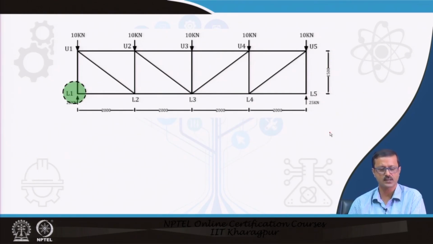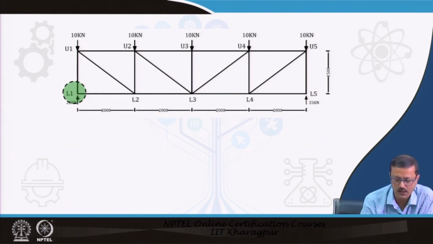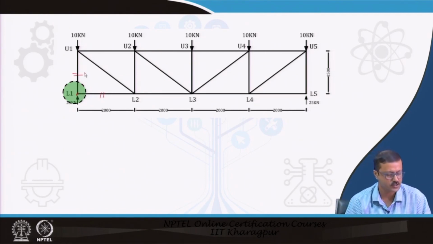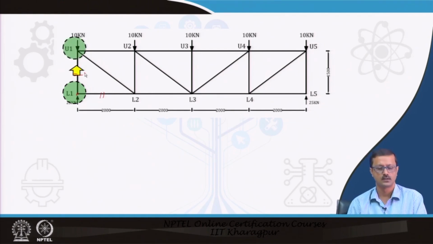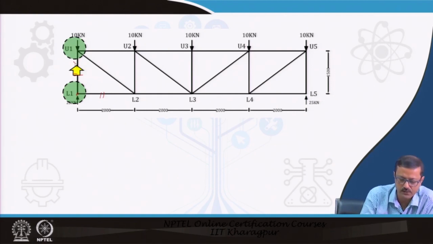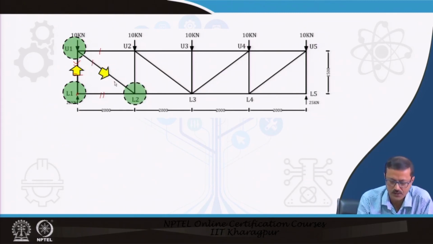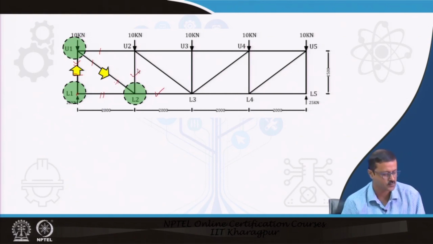So, I have to first touch this particular joint L1 because it has only 2 members associated with it. So, I can easily find out these 2 forces. As and when I find out these 2 forces, I can jump to this node, because then this is already known to me. So, these 2 are unknown, and then I will jump to this because this is already known to me and this is also known to me. So, I can find these out.